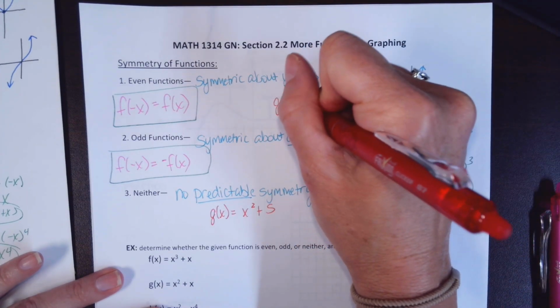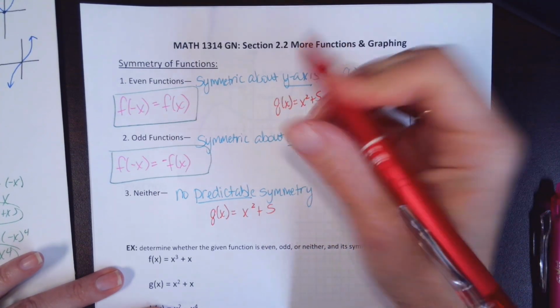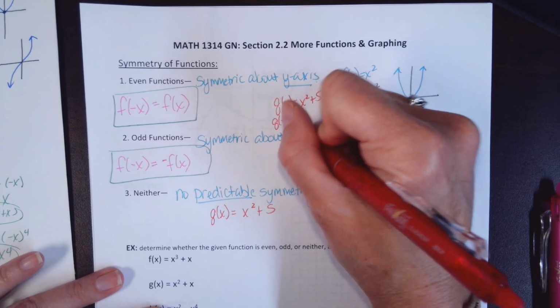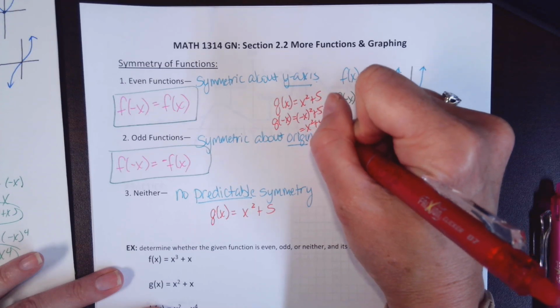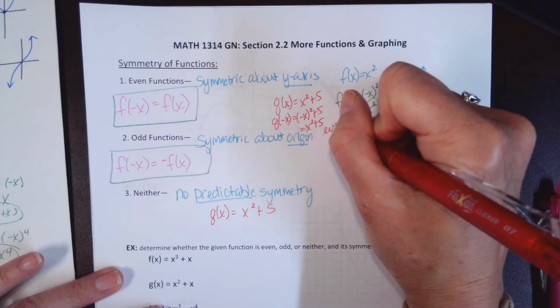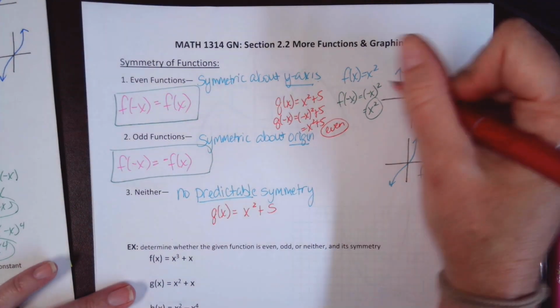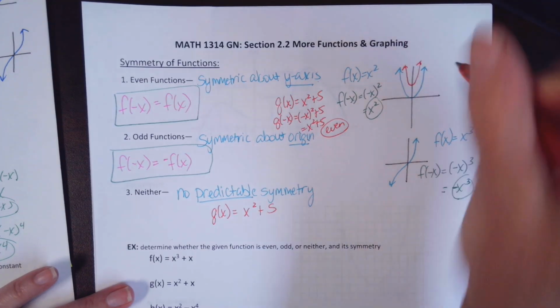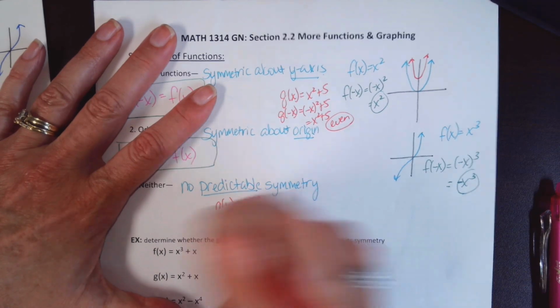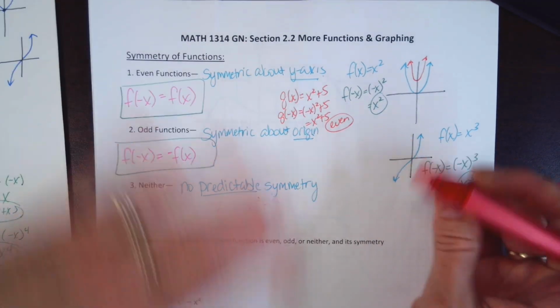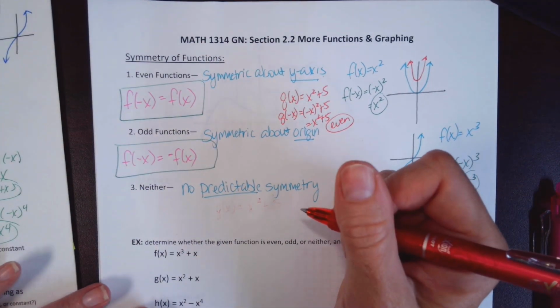G of x, sorry. I'm having a hard time today. G of negative x equals, I square that, nothing changes, x squared plus 5, still even. We just shifted it up. So that is not an example of neither. Sorry, guys.